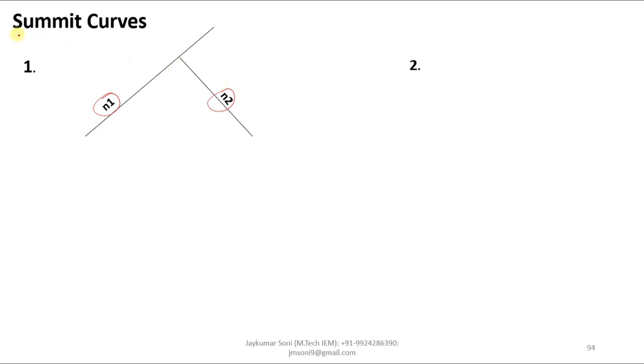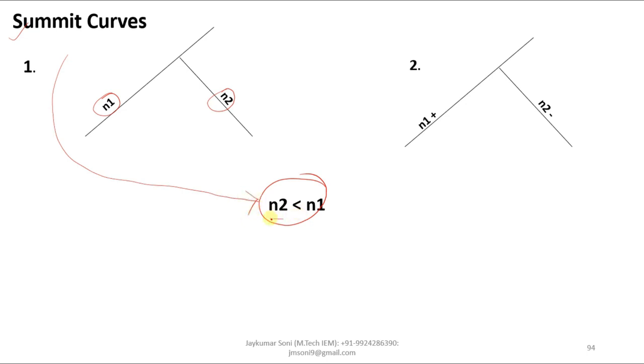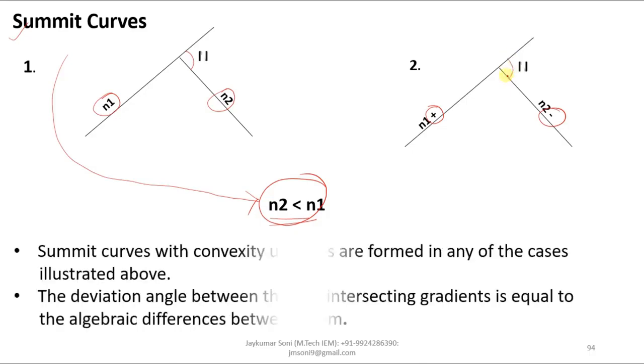In summit curves, there is a rule that N2 is always less than N1. So N1 is always positive and N2 is always negative. Now the space provided over here is an angle. This angle is called N, which is the deviation angle.